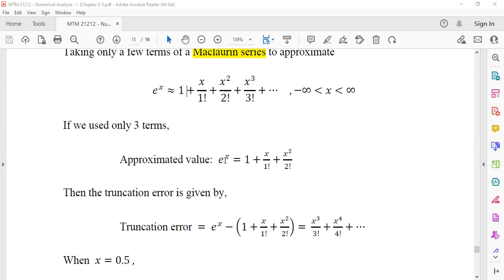What is the approximated value of e to the power 0.5? What is the truncation error? Just like this format, no need to calculate. So I hope everyone is answering. Shall I show it one by one? I'll show you the answer.